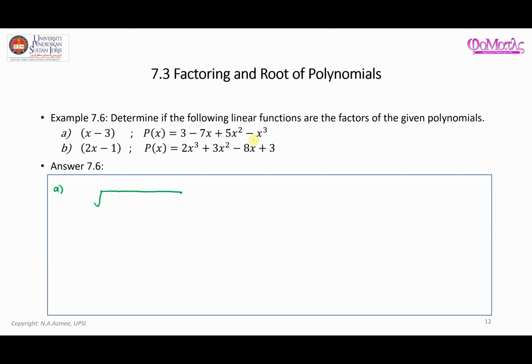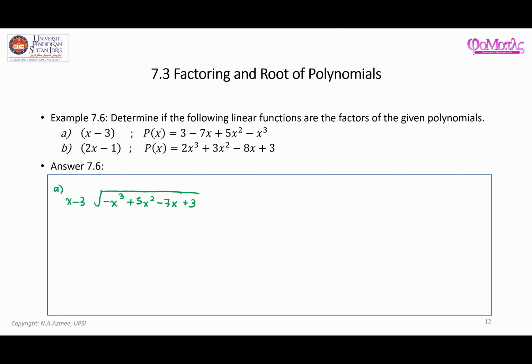Again, before you divide by the linear term, you need to rearrange the expression in the proper order. So the order will be negative x cubed plus 5x squared minus 7x plus 3, divided by x minus 3.